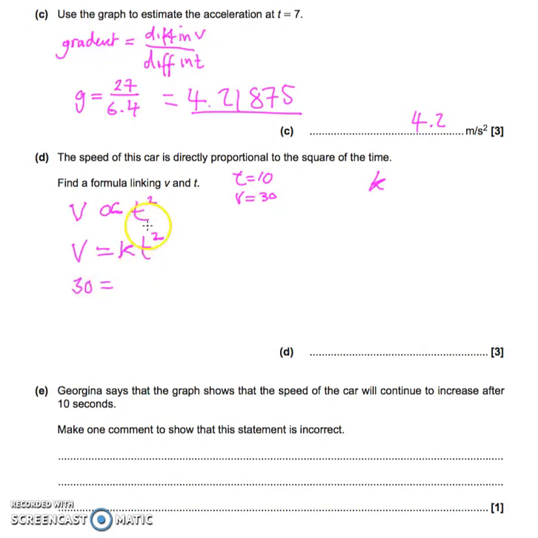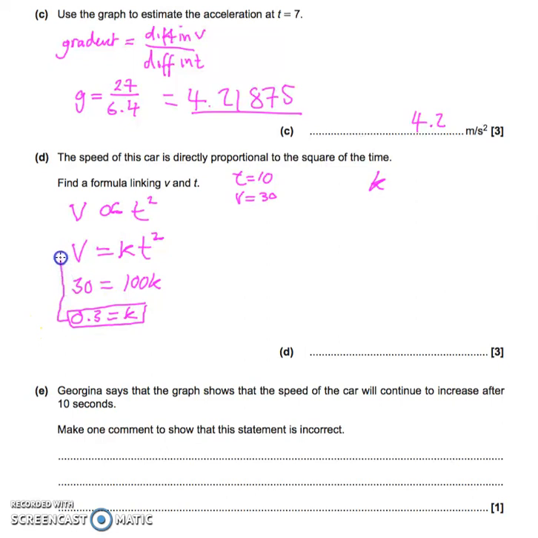So 30 equals 100 times k, 100k. And what you then do is divide both sides by 100 to get k on its own. So you're going to get 30 divided by 100 is 0.3. You could use your calculator if you want, but it's pretty simple. There's our answer to what k is.